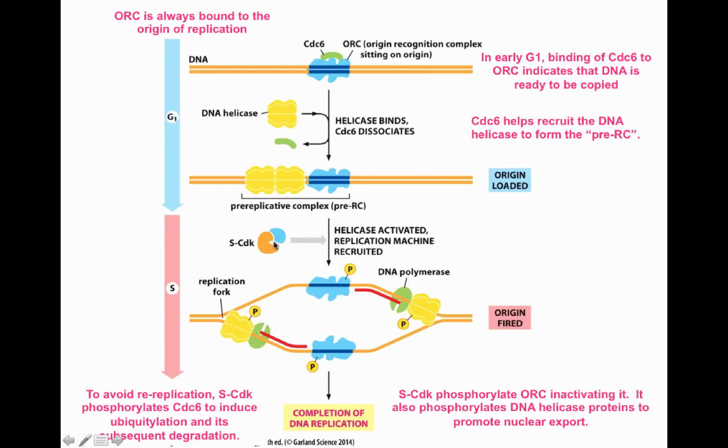It's also going to phosphorylate ORC, and ORC that is phosphorylated can no longer bind to CDC6, which is then removed as well. But it also is going to help recruit the DNA replication machinery, and that machinery is going to initiate DNA replication, having different replication forks, one here on the left and one here on the right. So that is how DNA replication is initiated.